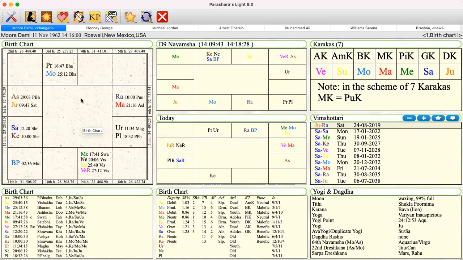And because of Kemadruma yoga occurring there, she's feeling as though she is unsupported, even though she has all these planets at an angle from her helping. But people who have Kemadruma yoga normally are high achievers in life anyway. A lot of entrepreneurs and famous people have Kemadruma yogas, or debilitated planets, in fact.